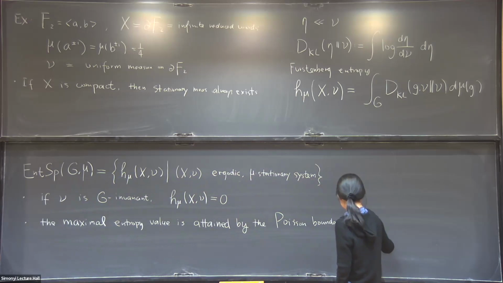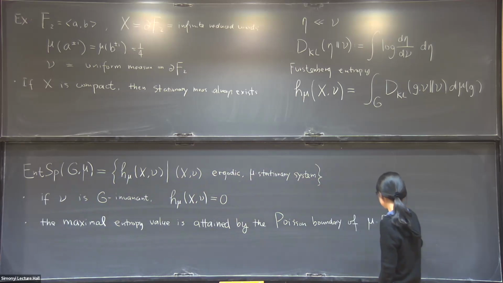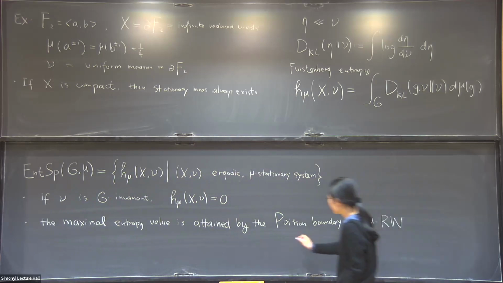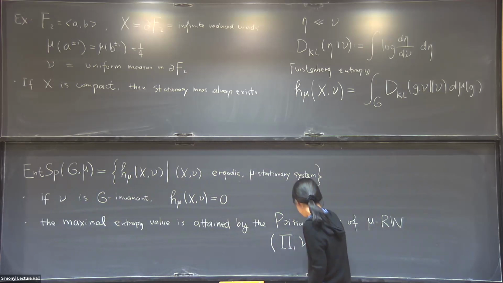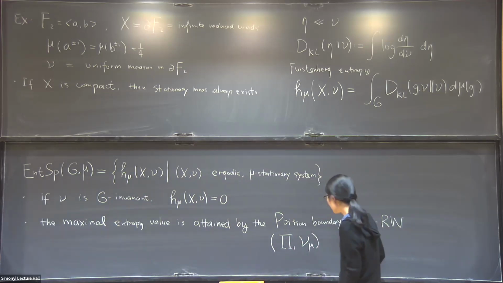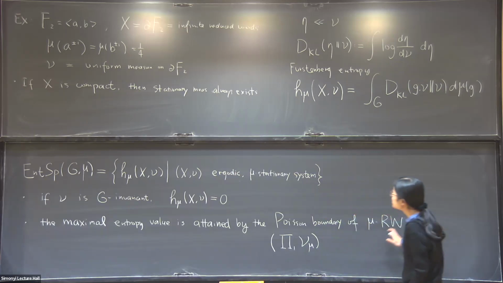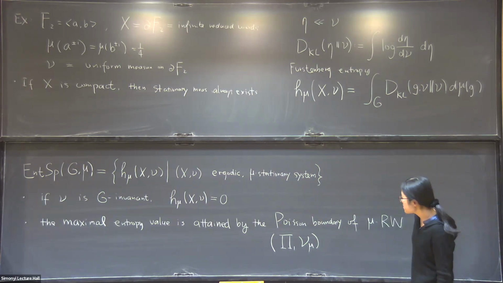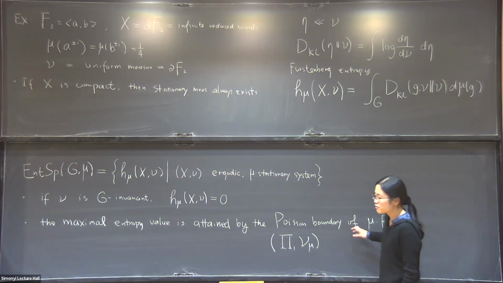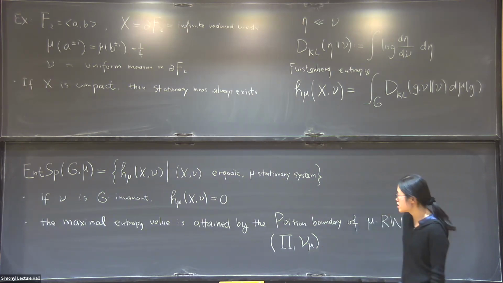Of this mu random walk, you give it a notation, just write it as the letter for the space, and then the harmonic measure associated with the random walk. So here we do not need to recall the definition of Poisson boundary. It is some measure theoretical space that is introduced by Furstenberg to represent bounded mu harmonic functions.